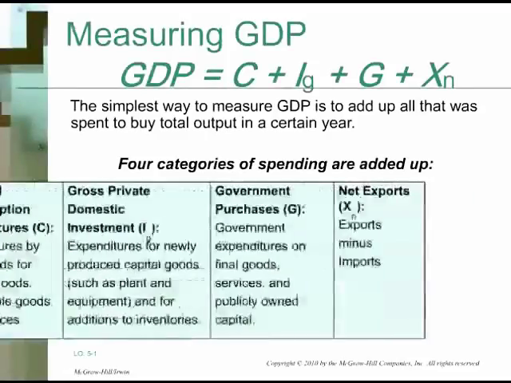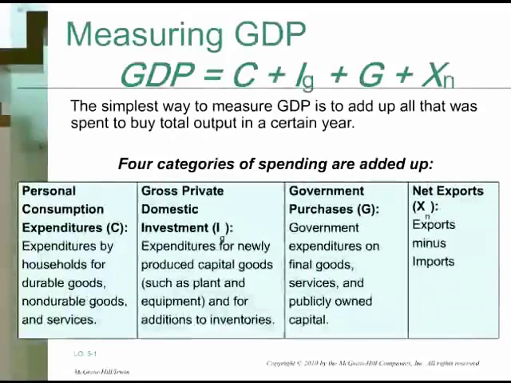The simplest way to measure GDP is to add up all that was spent to buy total output in a certain year. There are 4 categories of spending that are added up to obtain GDP. Personal consumption expenditures, or C, are expenditures by households for durable goods, non-durable goods, and services.